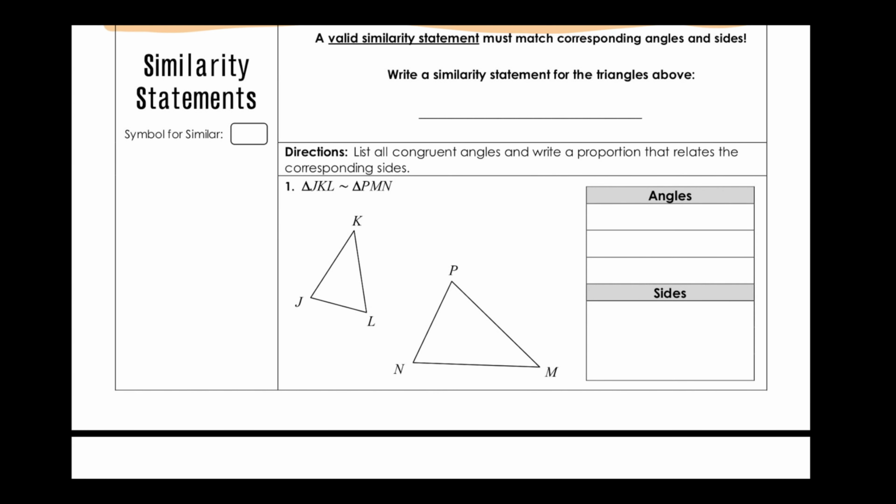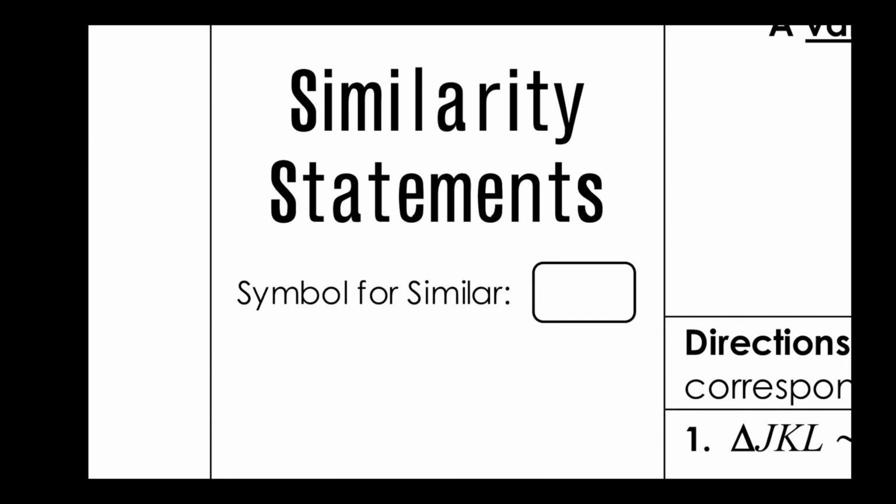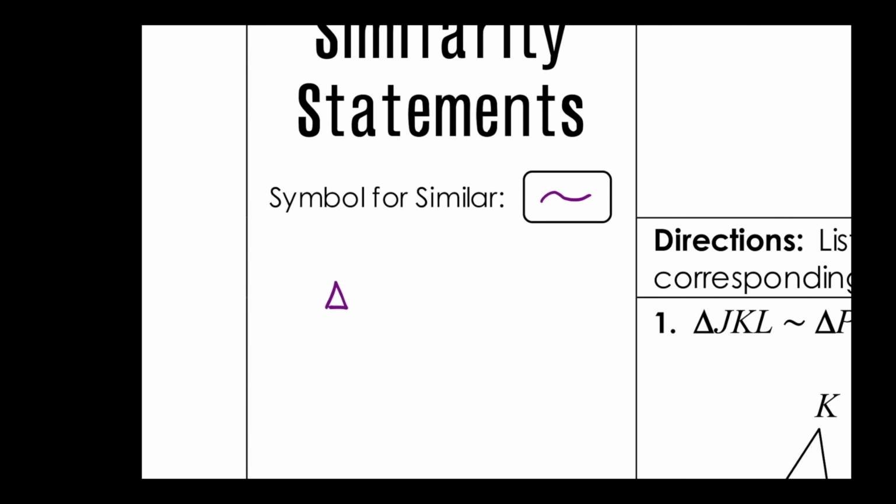So how do we write similarity statements? Well, first of all, similar has a symbol, a little squiggly line like that. When you see that squiggly line, it means two figures are similar. Like you can say triangle ABC is similar to triangle DEF. Or quadrilateral HIJK is similar to quadrilateral MNOP.